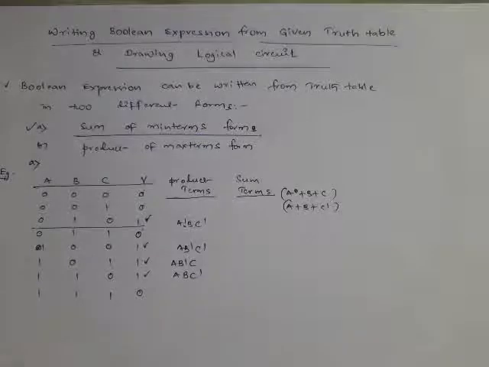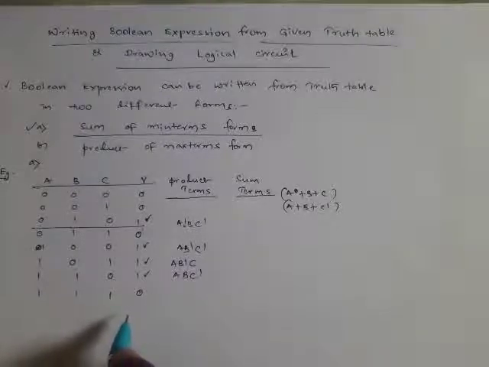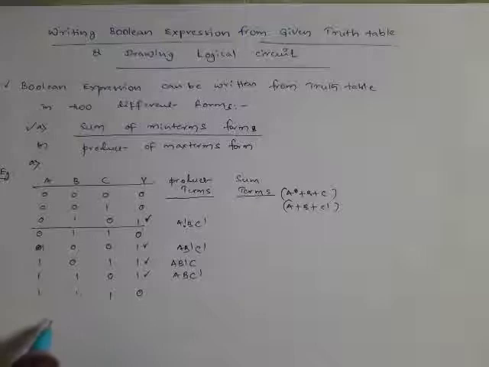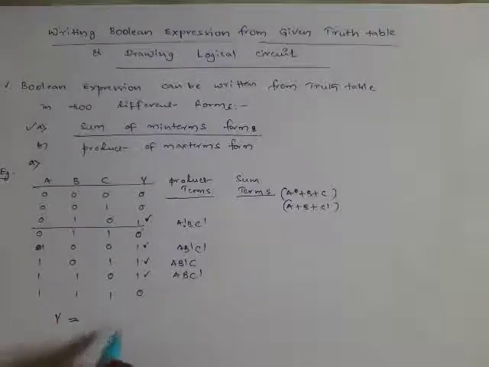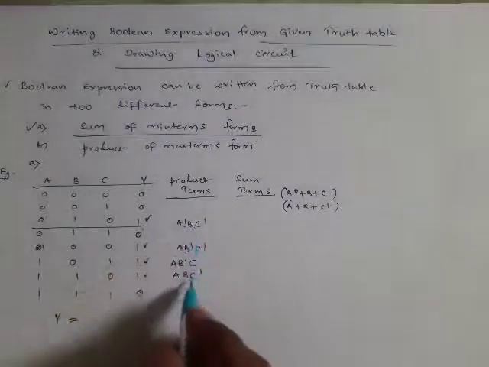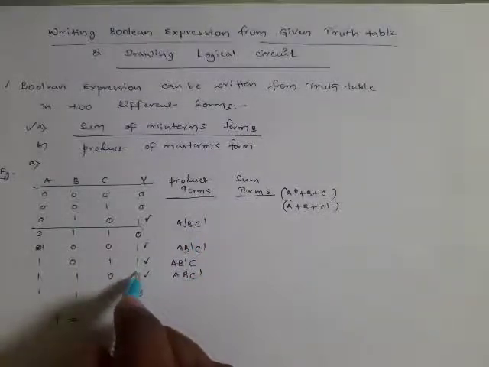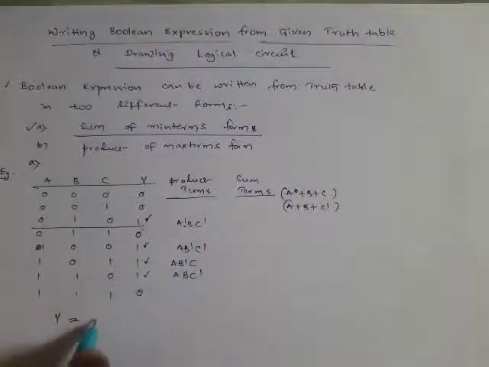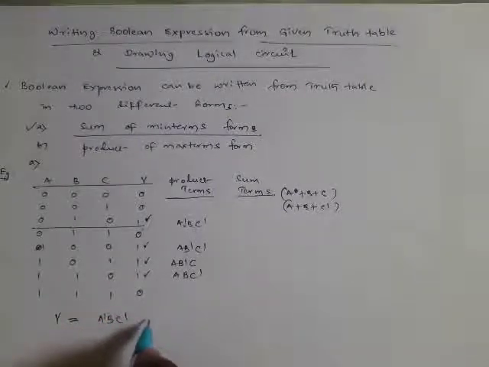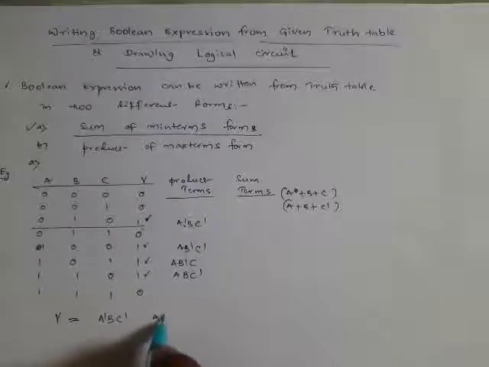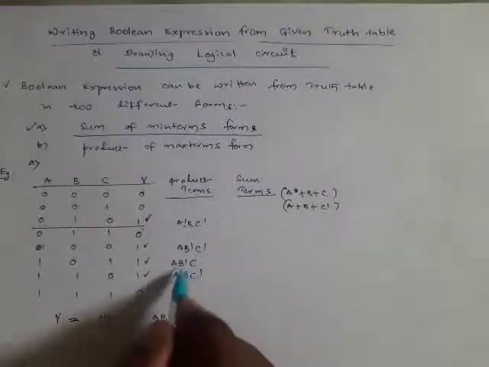And to write the Boolean expression as sum of product terms, or sum of min terms, we have to take the logical sum of these product terms for which the function is equal to 1. The first product term is A bar B C bar. The second product term is A B bar C bar.